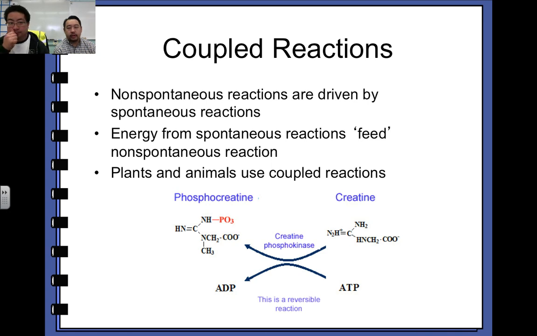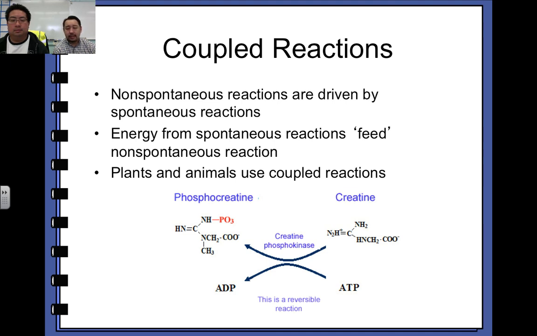So in nature, what happens a lot are something called coupled reactions. What this means is you'll have a non-spontaneous reaction being driven or pushed by a spontaneous reaction. During the spontaneous reaction, it has excess energy and it bleeds off this extra energy, and the non-spontaneous reaction picks it up and uses it to do its own reaction.